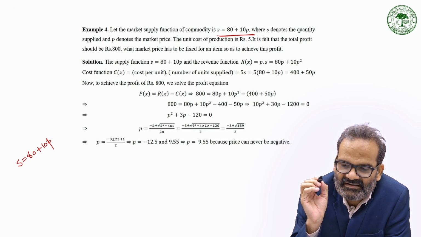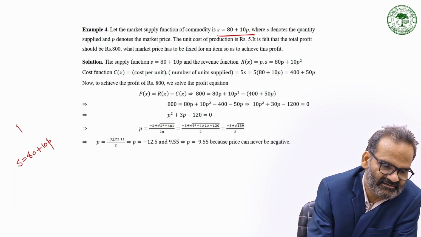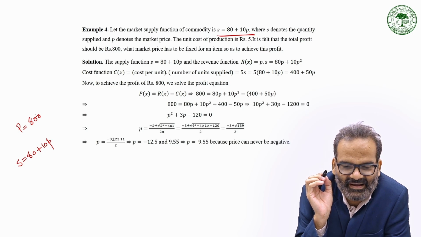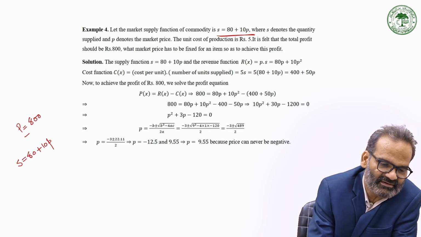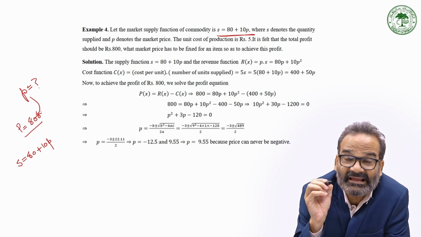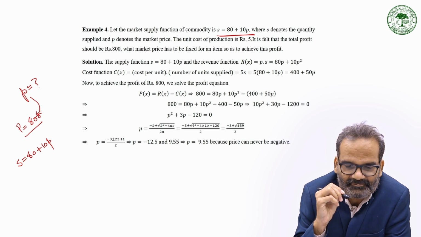It is given to you that the profit is rupees 800. What market price has to be fixed for an item so as to achieve this profit? That is, what should be the price of the commodity so that the firm achieves rupees 800 as profit, right?